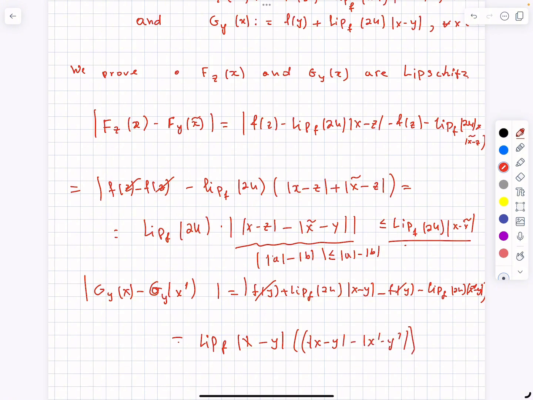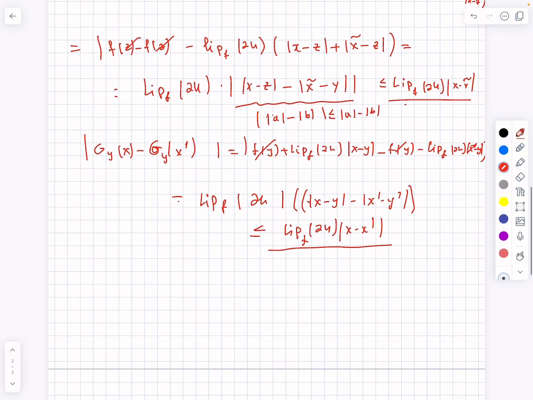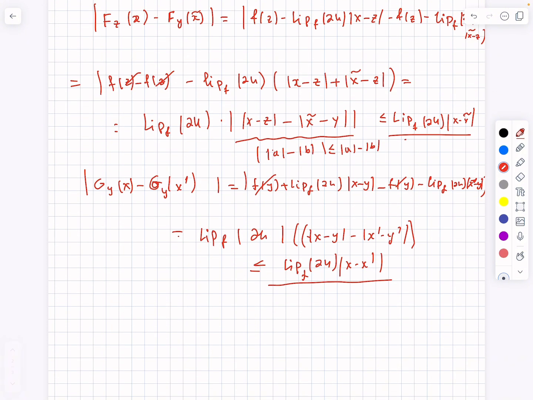Again, we use the triangle inequality. It will be Lip(f, ∂U)|x - x'|. So we proved why we defined these functions.